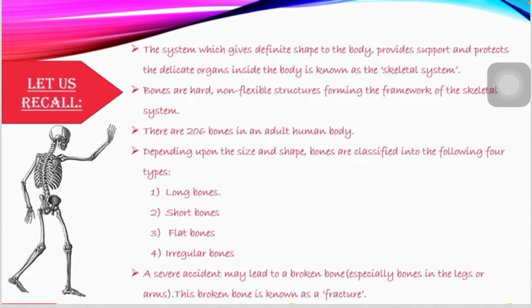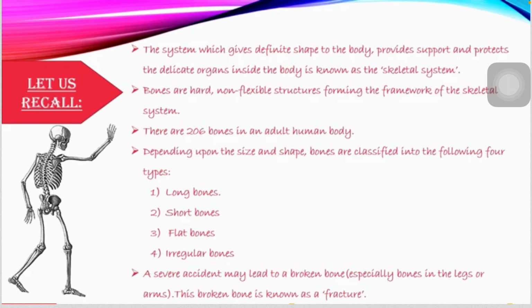Students, before starting, let's recall what we already discussed in the first part, that is the first module of this chapter. The system which gives definite shape to the body, provides support and protects the delicate organs inside the body is known as the skeletal system.